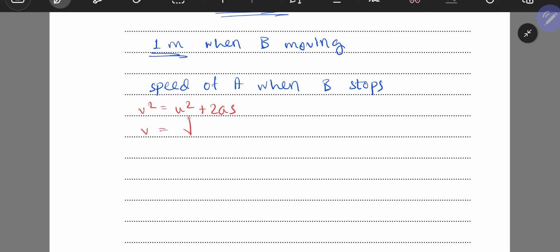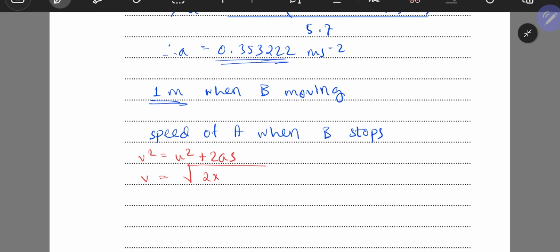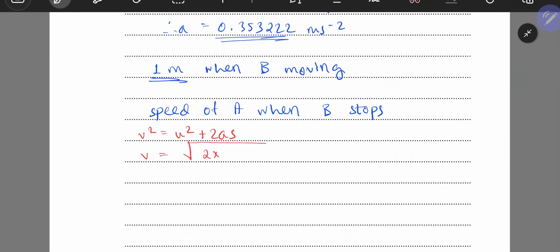So v is equal to root over 2 times a times s. a is 0.353222, and s is 1, so writing or not writing doesn't really matter. So 2 times 0.353222. So the speed is 0.8450 meters per second. This is the speed after B stops, or when it hits the ground, basically.